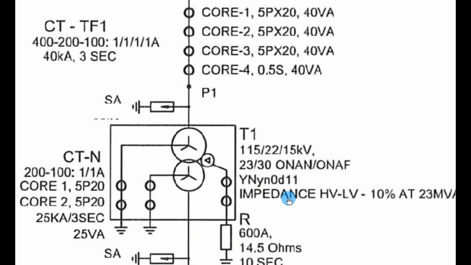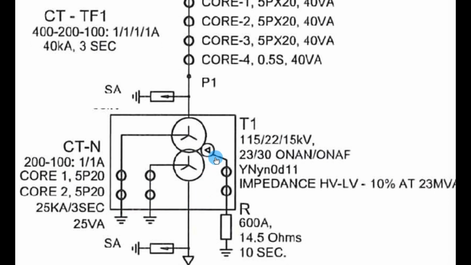And next it shows the impedance percentage for 23 MVA. Both star point neutrals are earthed, and inside the transformer itself the neutral path has a 2 core protection CT. In the same way for the tertiary winding also, there are 2 CTs inside the transformer, and this tertiary winding is earthed through a resistor.